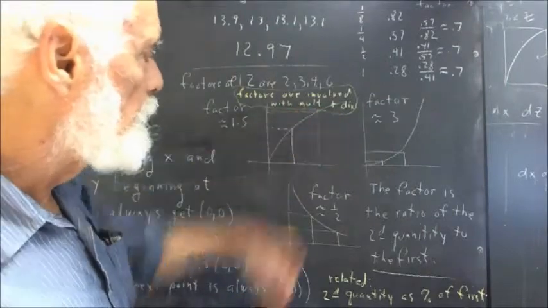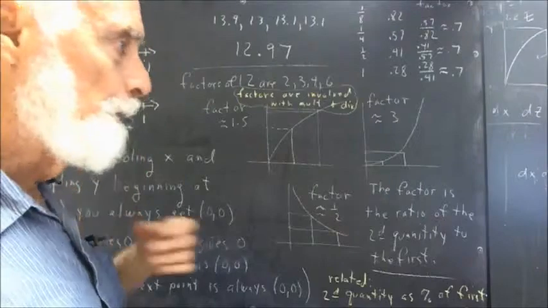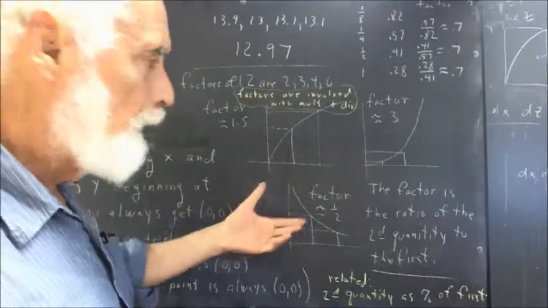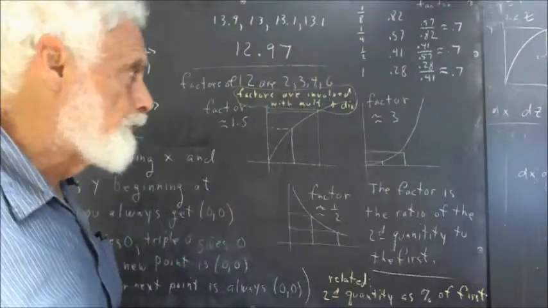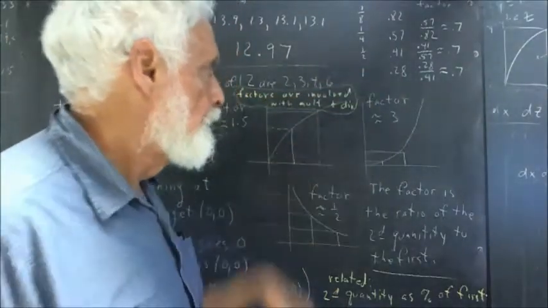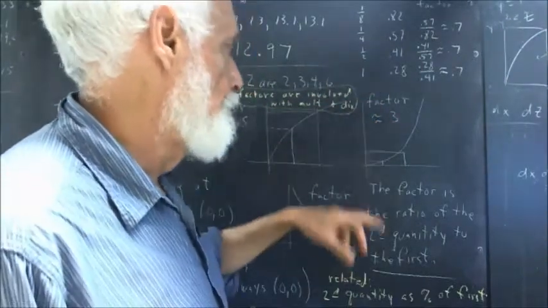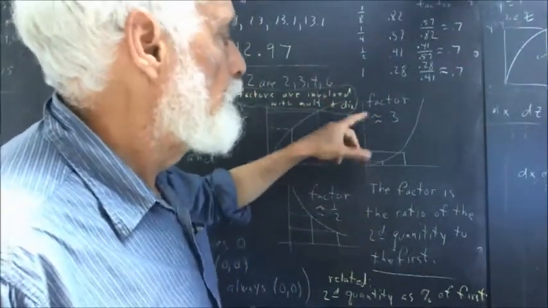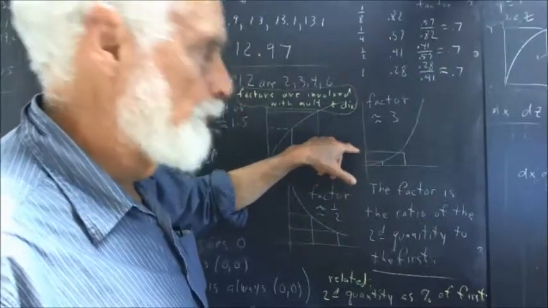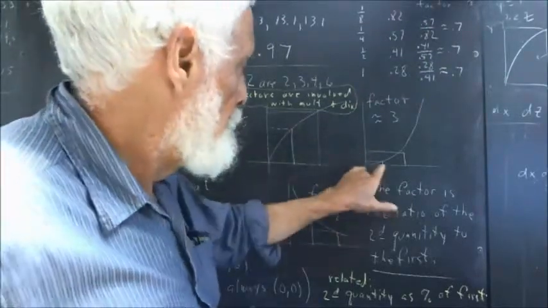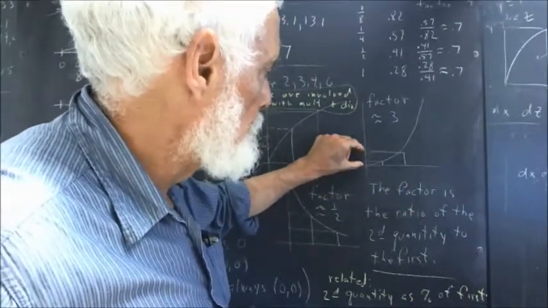If I have a graph like this where x doubles, I ask by what factor does the y value change? Okay, now the factor by which the y value changes, well, let's go over here first to an example where we did a factor that was equal to 3. That is, we did the graph where y triples whenever x doubles, so that we have an x here that's doubled and a y value that's tripled.